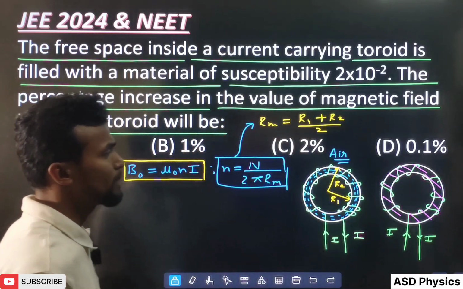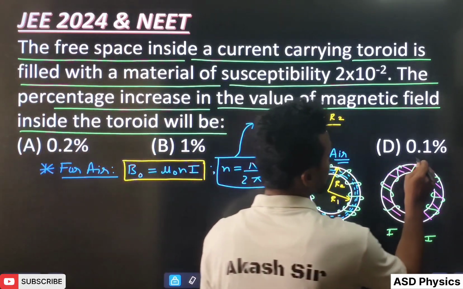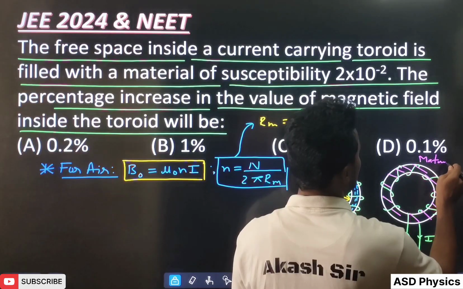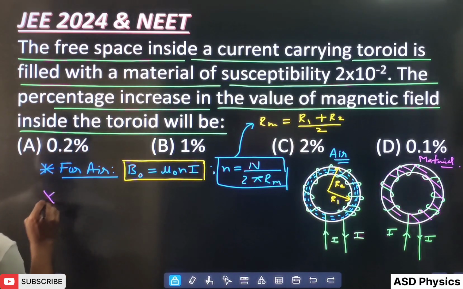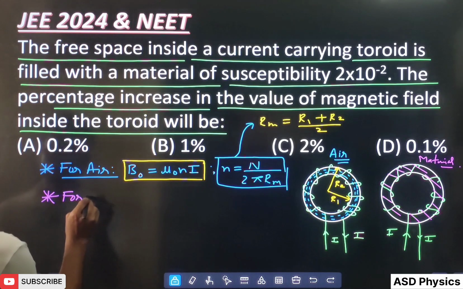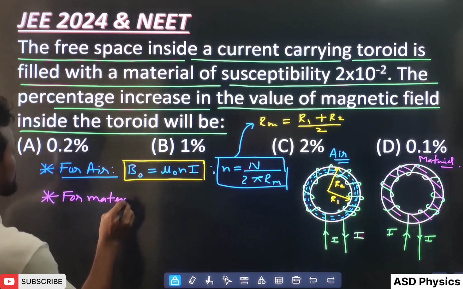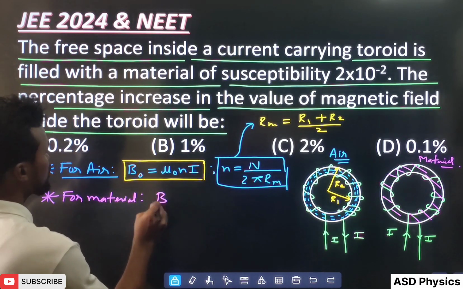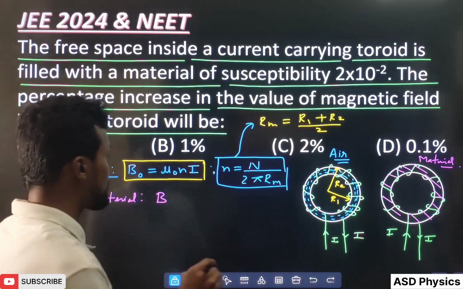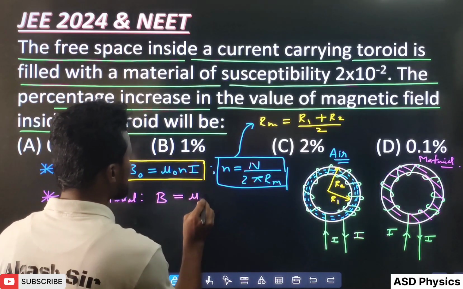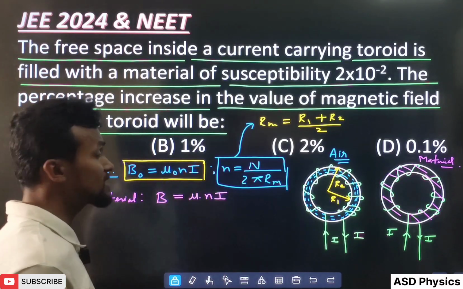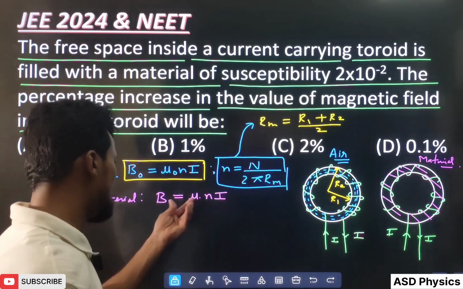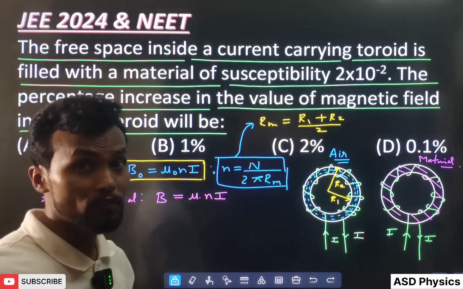Because of the magnetic material present here, in this situation, for any specific material, the magnetic field will be B, okay. And this is given by mu into Ni. Now mu naught is the permeability of free space, and mu is the permeability of the material.